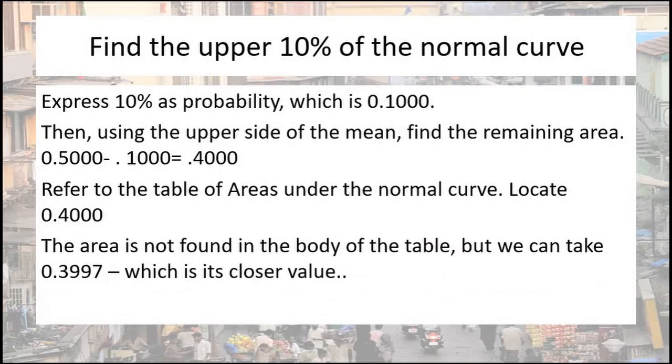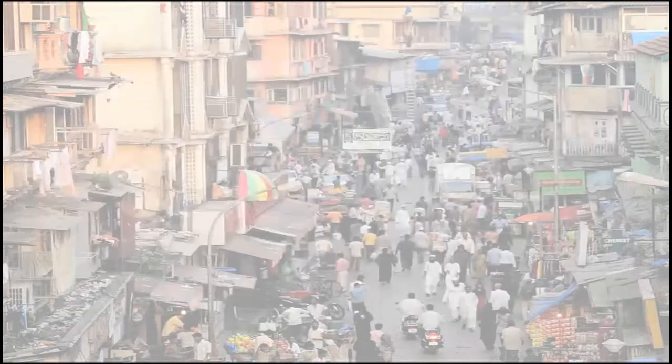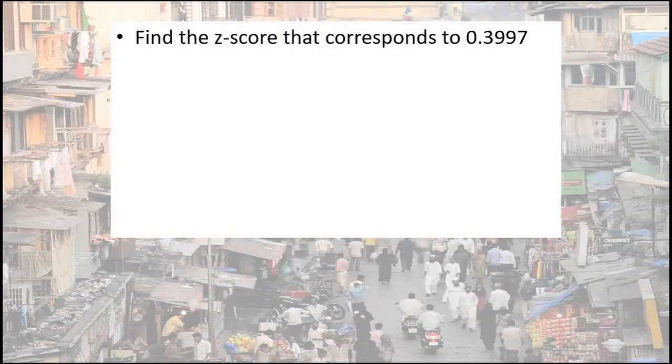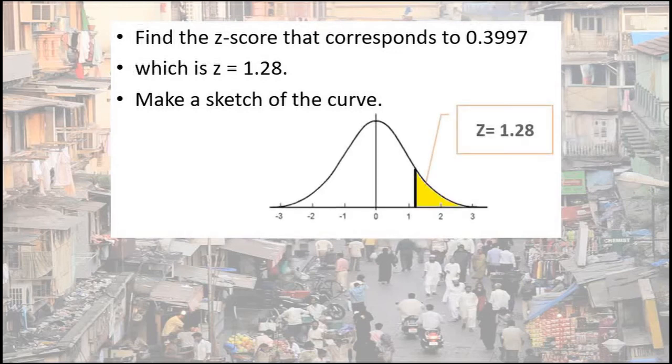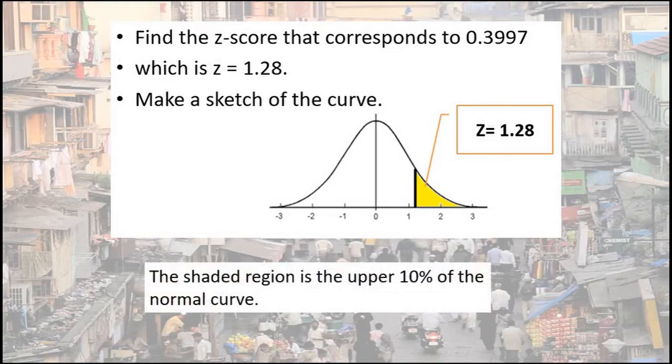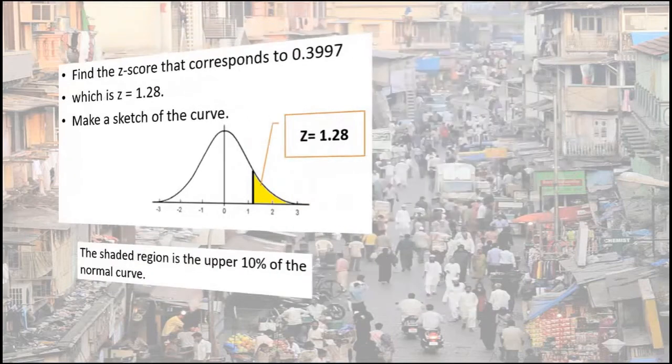The area is not found in the body of the table, but we can take 0.3997, which is its closer value. Find the z-score that corresponds to 0.3997. So that is z is equal to 1.28. Let's now make a sketch of the curve. So here it is. The shaded region is the upper 10% of the normal curve.